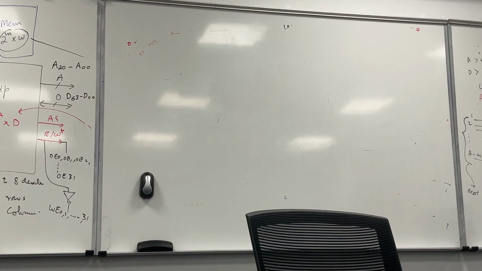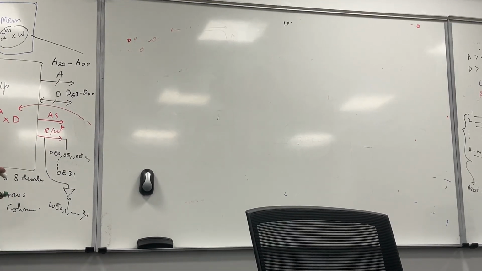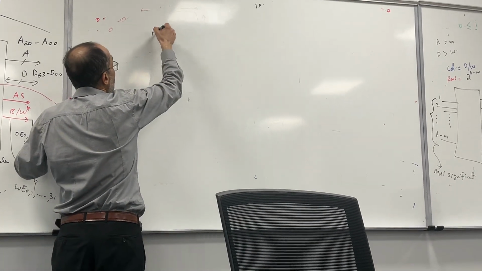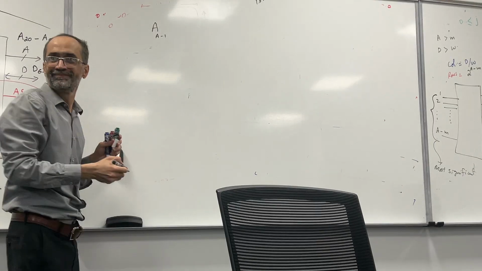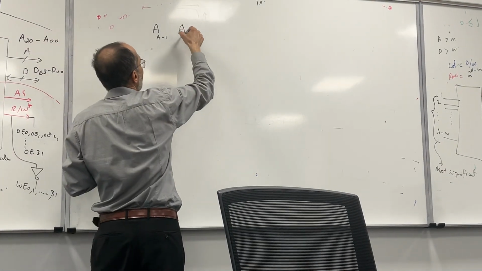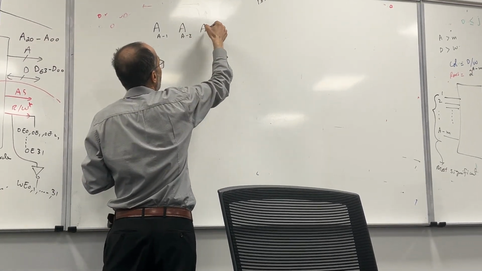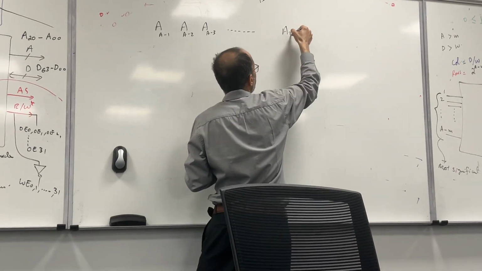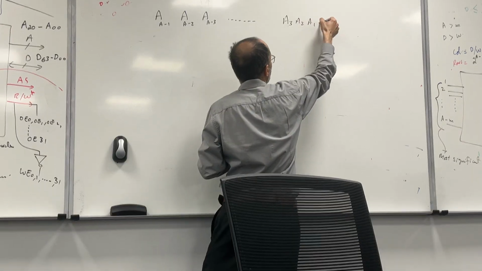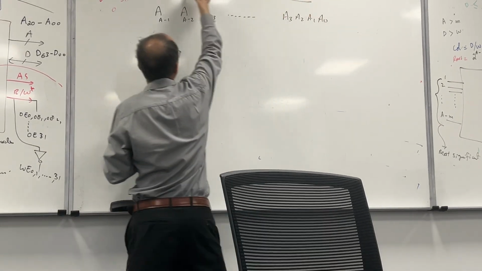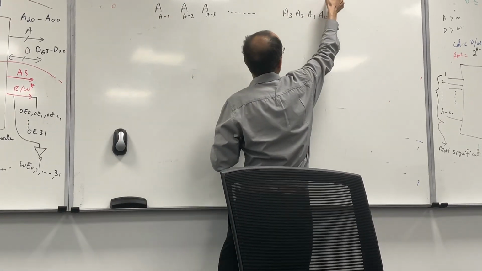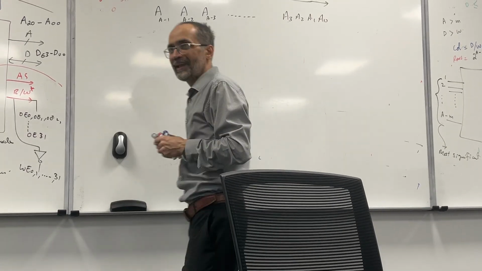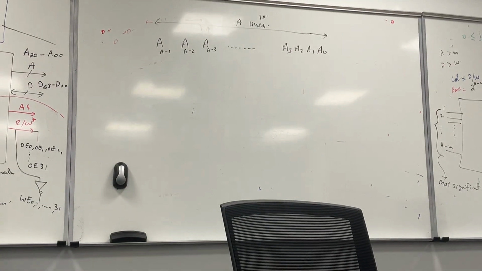A lines. Since we have A lines, we can write it as A minus 1, then A minus 2, A minus 3, and so on until A3, A2, A1, and A0. How many lines are there? A lines, from the microprocessor side.